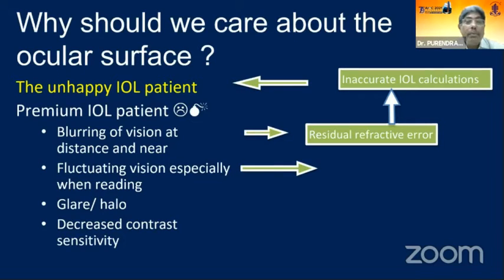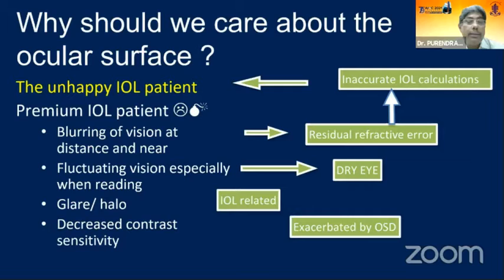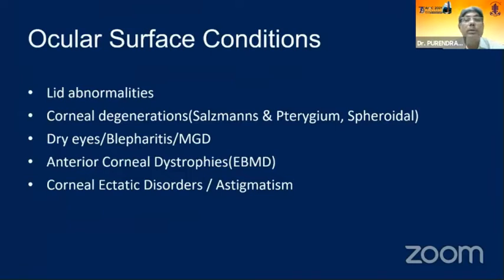If the patient complains of fluctuating vision, especially when reading, this could be due to dry eye. Glare and halo are mainly related to the IOL, but could be due to dry eye as well. And there is decreased contrast sensitivity, which is exacerbated by ocular surface disorders.